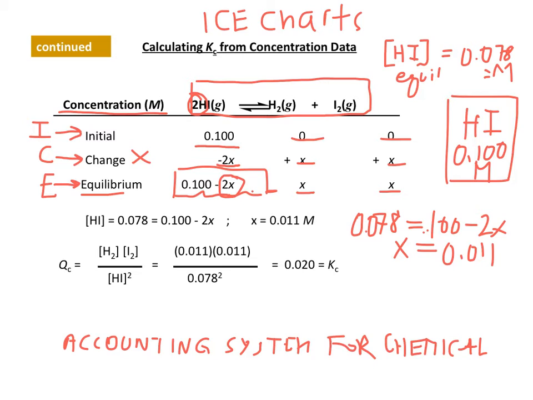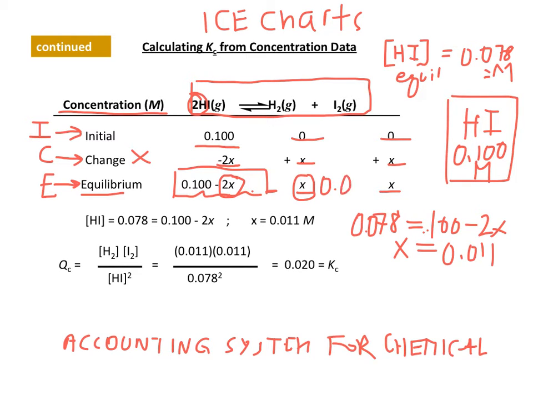And now I can calculate the values that go into the equilibrium constant expression, or that of Q, probably Q or K. We're talking about at equilibrium, so it really can be K. So we're going to take 0.011 is X. That therefore equals the concentration of X, so this is also 0.011.